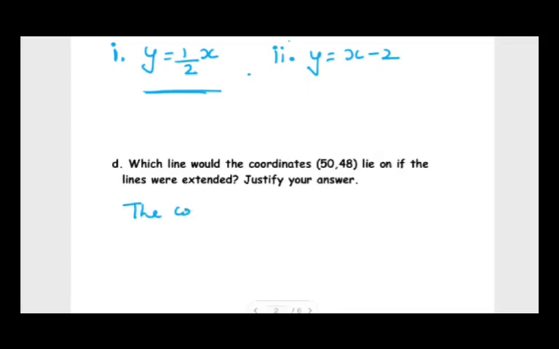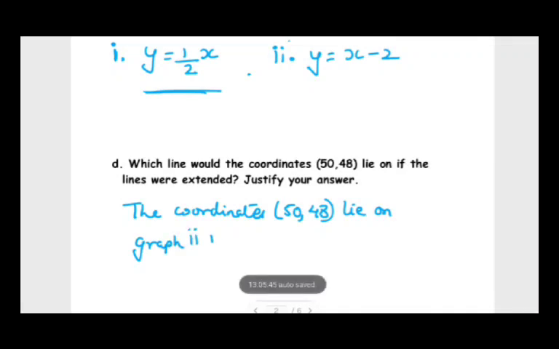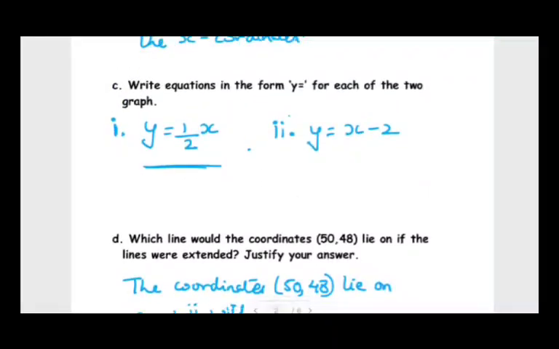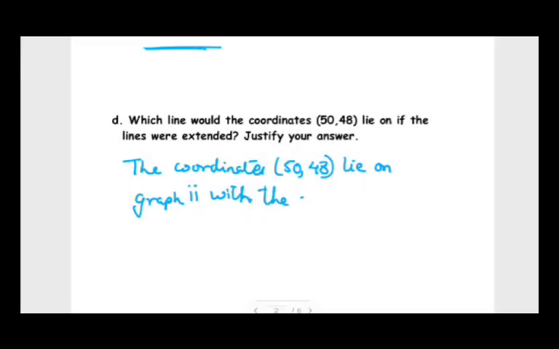The coordinates 50 and 48 lie on graph 2, with the equation y is equal to x minus 2. Alright?